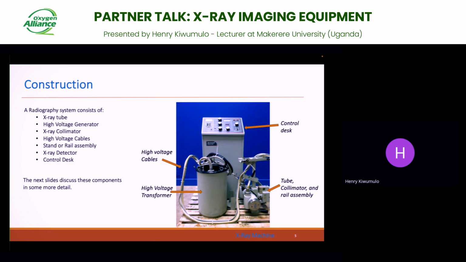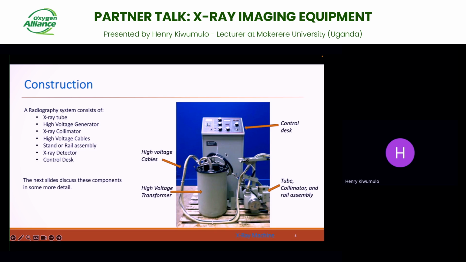So depending on the functionality of the X-ray system, you'll always have these similar components performing the same functions, but the design will slightly change depending on how the machine is going to be applied. But you always have an X-ray machine with a tube, a generator, a collimator, high voltage cables, stand, a desk, a detector, and then a control desk.